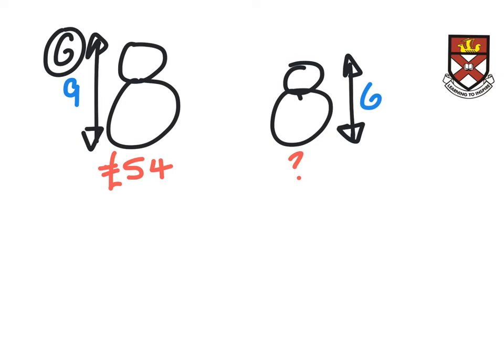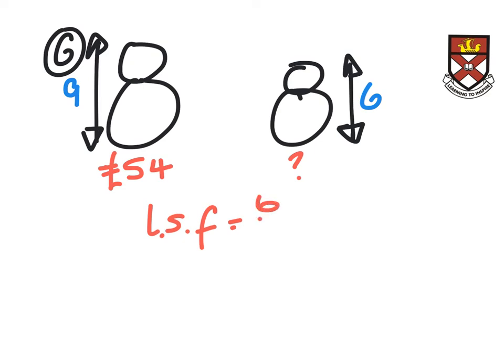Question 6, another similar question. This one's to do with the scale factors. First thing we need to work out is the linear scale factor. Because we're trying to find a value which is on the small shape, it's a small number that goes on the top.